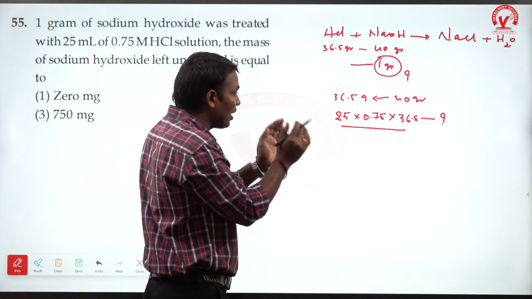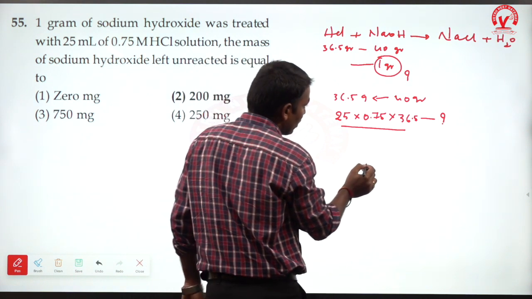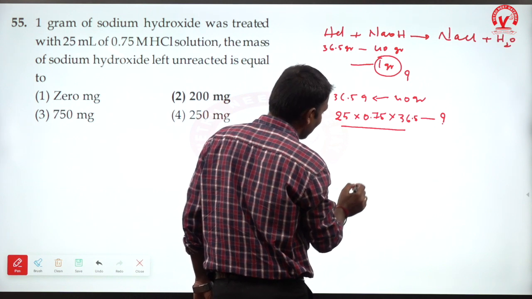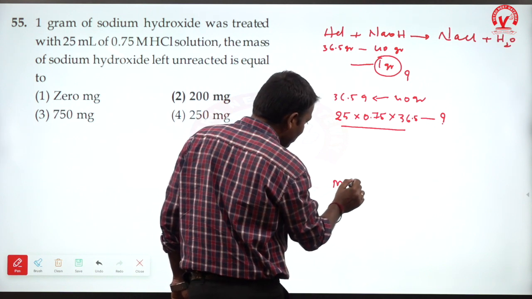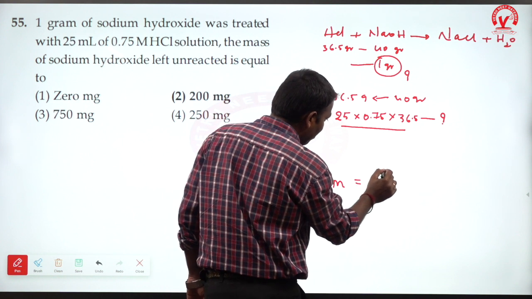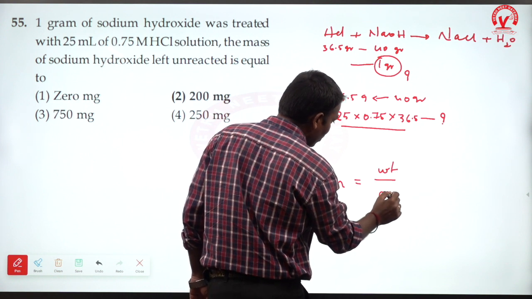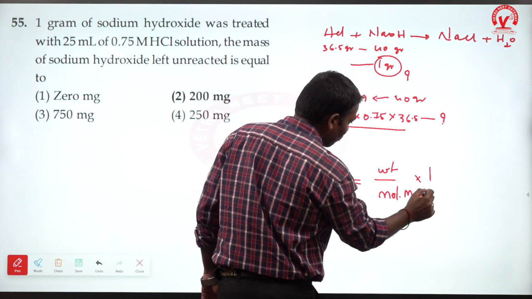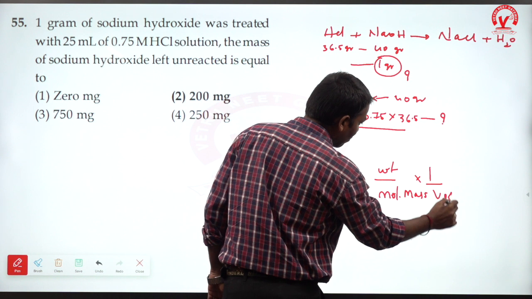Let us simplify this by cross multiplication. We have one formula: M is equal to weight by molar mass into 1 by V in liters.